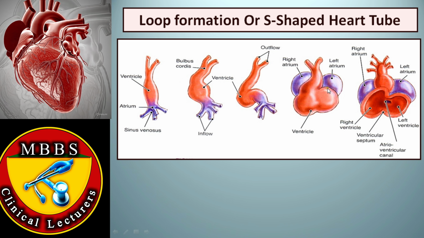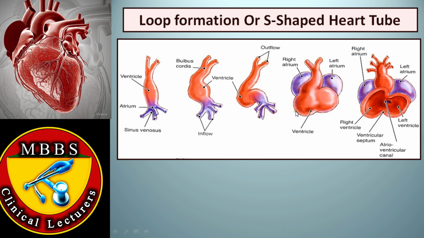Okay, and these atria and the ventricle are connected with each other by a canal, and that is called the atrioventricular canal. अब क्या था, ये वही वाला पोर्शन है जो कि बल्बस कॉर्डस का है और वेंट्रिकल का है. ये इनलार्ज होके वेंट्रली आ गए और डॉर्सल एस्पेक्ट पे जो इसका वेनस एंड था ये पोस्टीरियर हो गया अलॉन्ग विद इट्स वेनस वेसल्स. ठीक है, जो वेनस वेसल्स हैं, जो वेनस इनफ्लो है, उसके साथ ये डॉर्सली पुश्ड आउट हो गया. ठीक है, और ये जो आर्टीरियल एंड था ये वेंट्रली आ गया. ठीक है, and there is a connection present between these atria and the ventricle, and that is the atrioventricular canal.